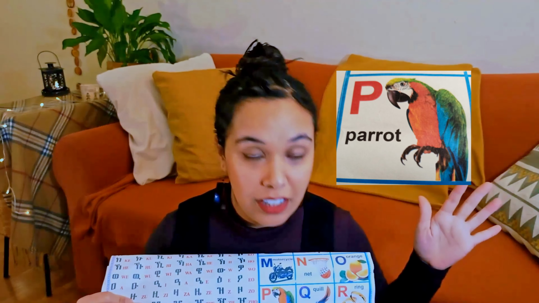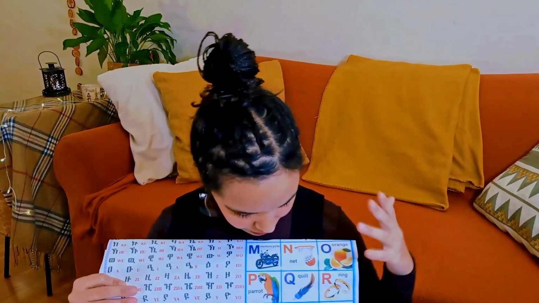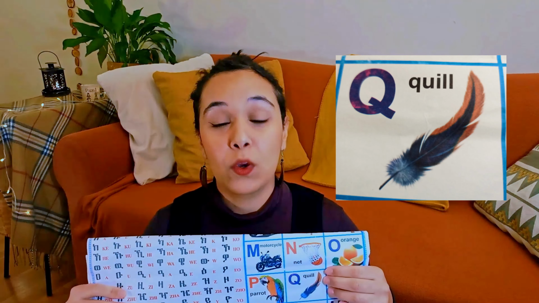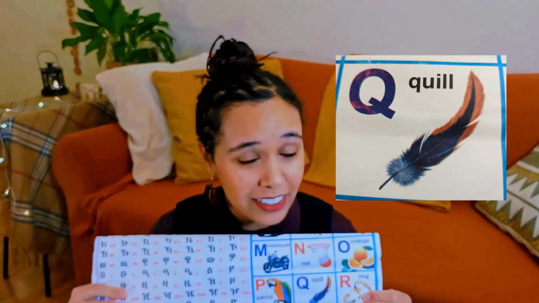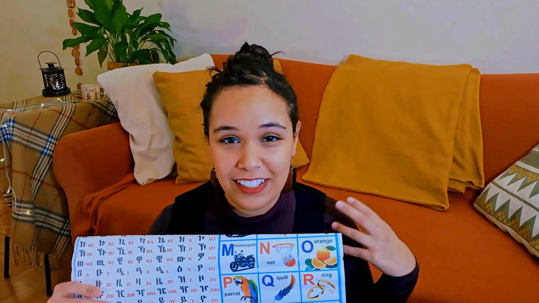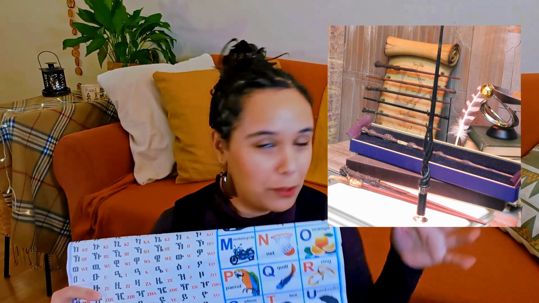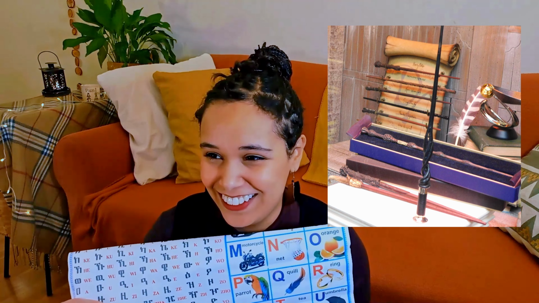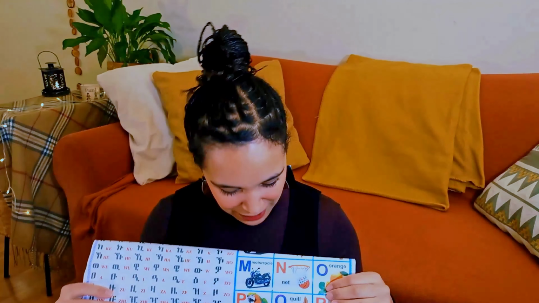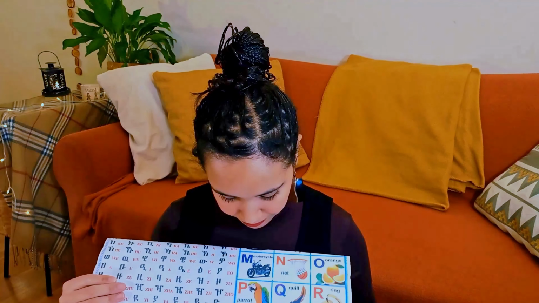I have not seen any parrots, but okay. Quill. I mean, seriously, quill. For people my age even, if it wasn't for Harry Potter, they probably wouldn't know what a quill is. So, okay, sure. Then ring, possible.